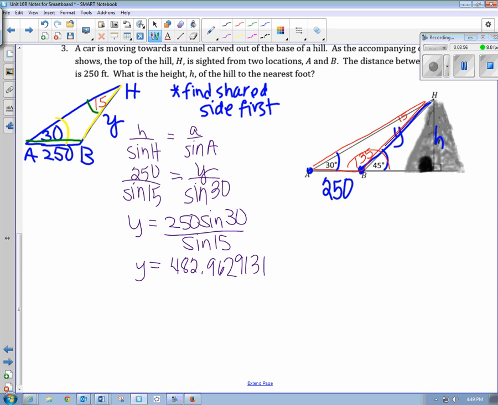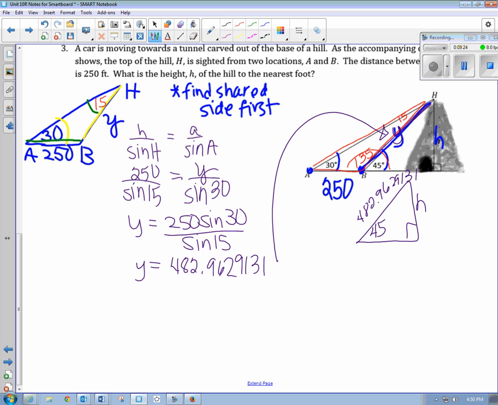So in here, this shared side of Y is what we have right here. Remember, it's this number. So now if I focus on the triangle that I have that has 45 degrees here, H here, and that side of Y, which is 482.9629131, if you're like me, you're getting sick of writing all those decimals out.